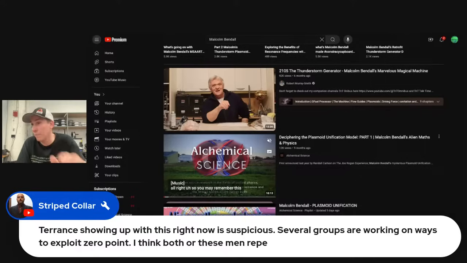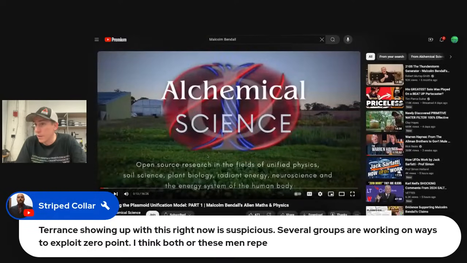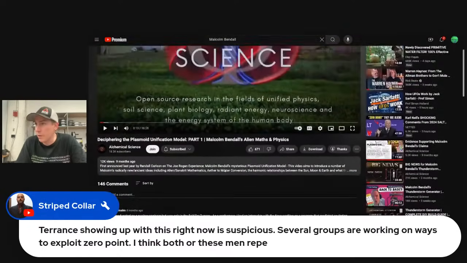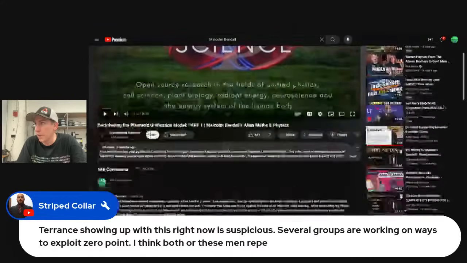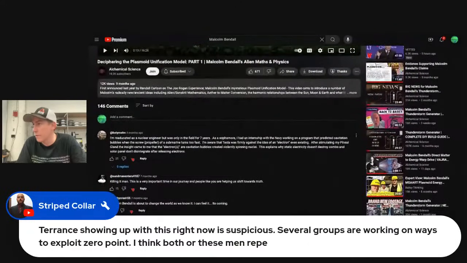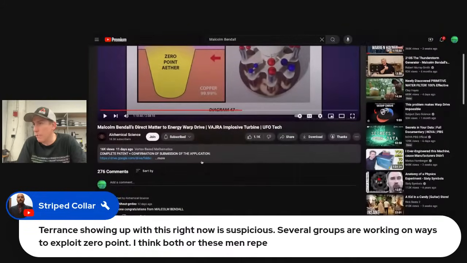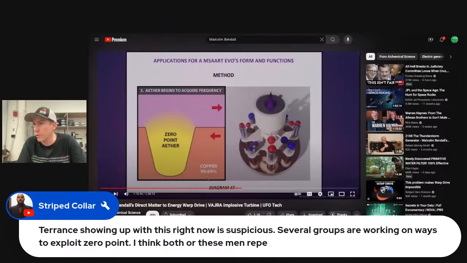I was trying to find that so I could play it on the show today, just to show all this stuff. But this plasmoid unification model of physics that Malcolm Bendall has come out with, and now he claims that he's got a warp drive. Malcolm Bendall, direct matter to energy warp drive, the Vajra implosion turbine.